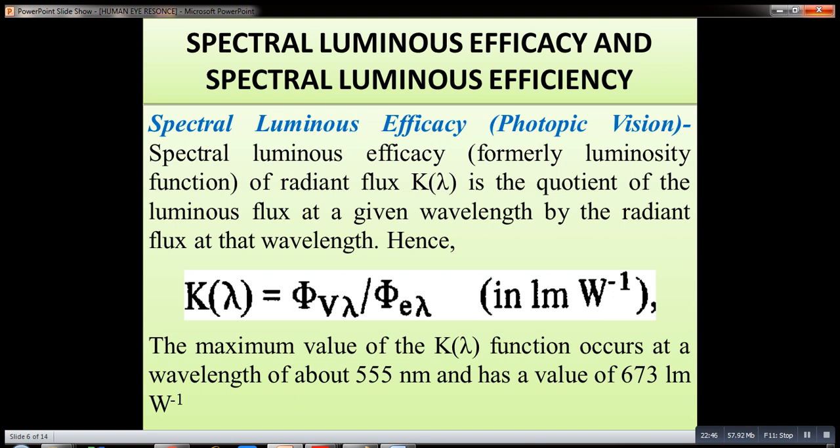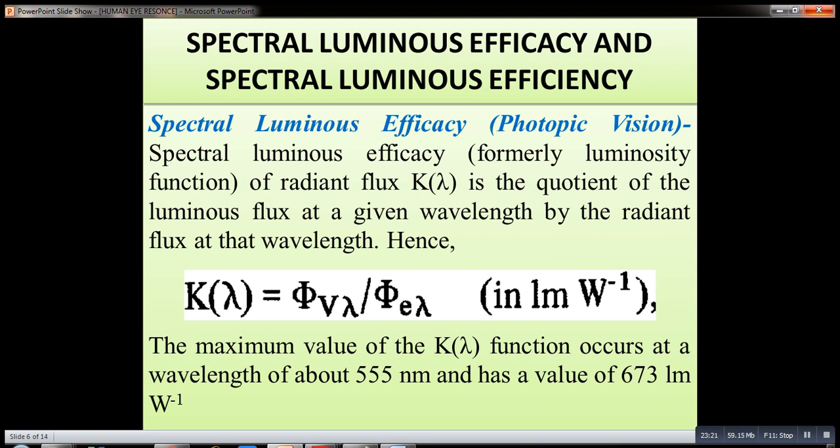More explanation for human or spectral luminous efficacy. Wavelengths of light outside of the visible spectrum are not useful for illumination because they cannot be seen by the human eye.